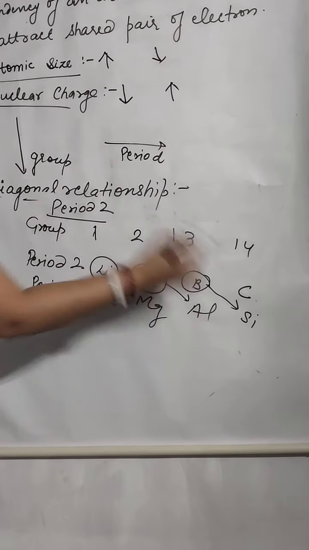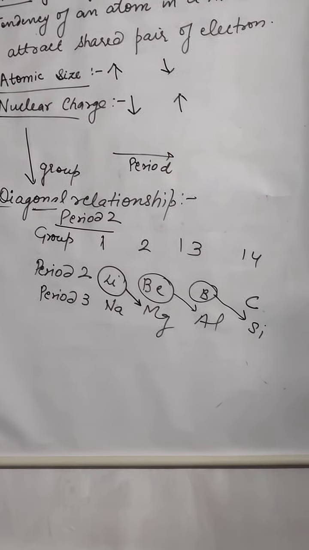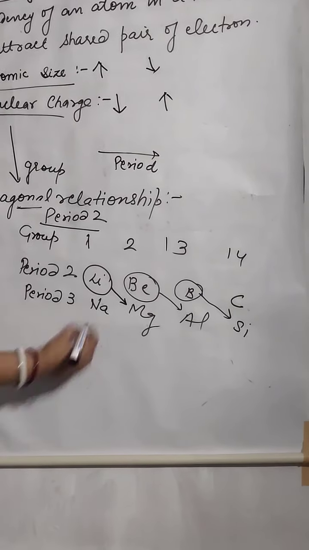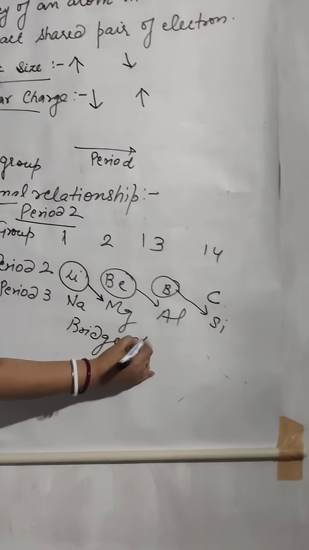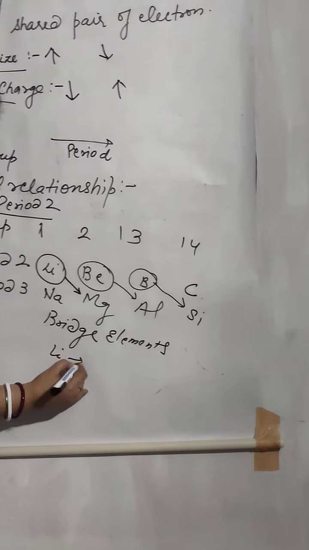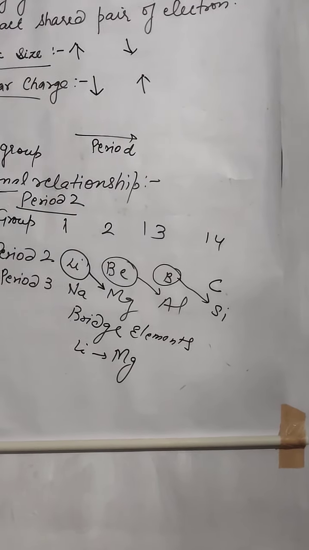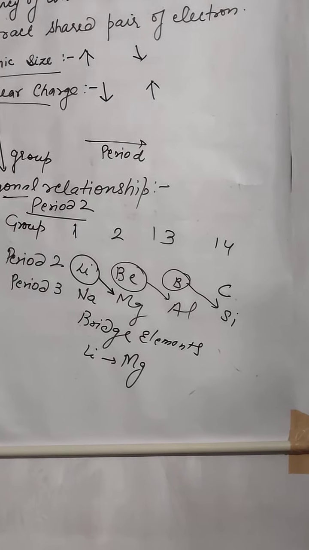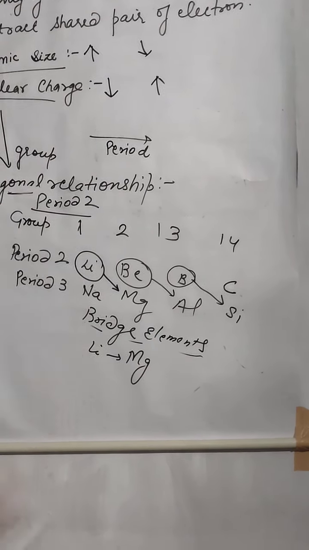This type of relationship is called diagonal relationship, and these elements are called bridge elements.